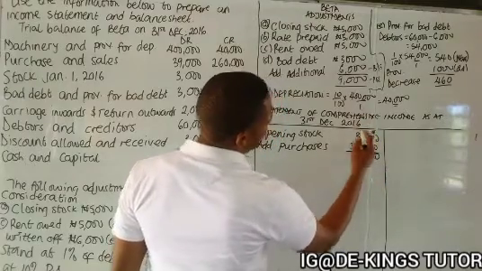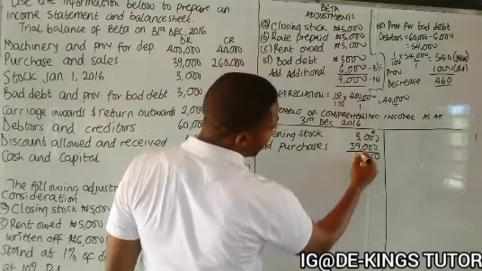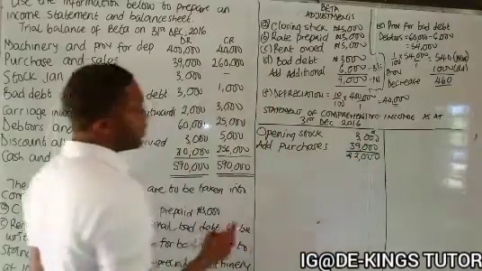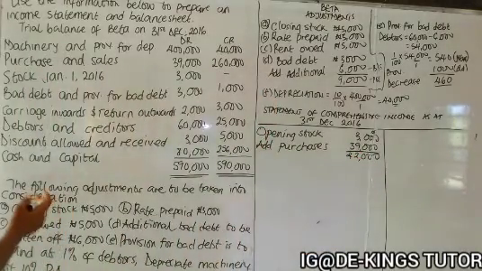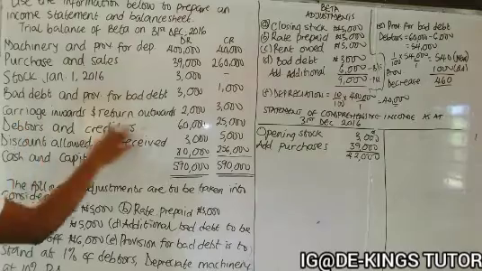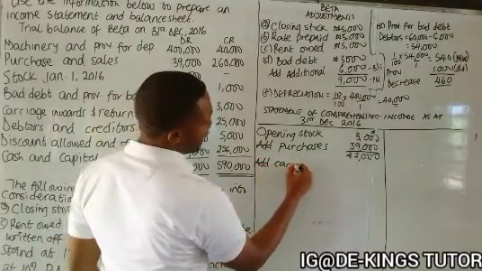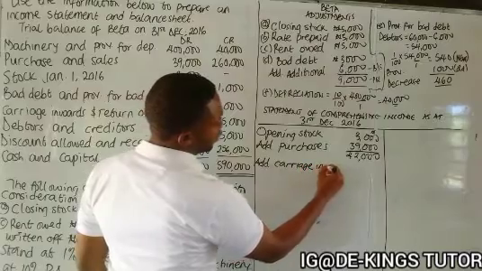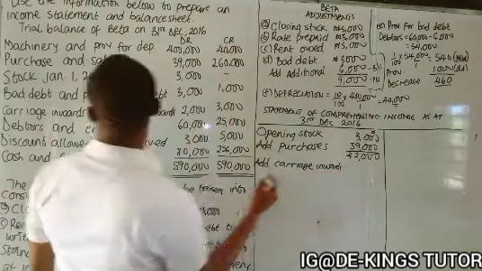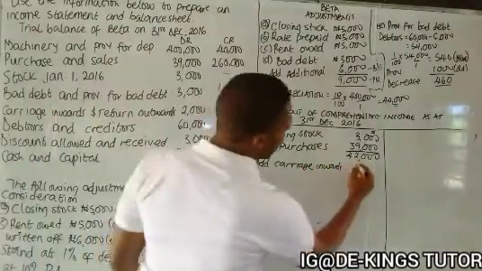This will give us 42,000. Okay. Now check if there's carriage inwards. So look at it, carriage inwards. Now we'll add carriage inwards, which is 2,000.